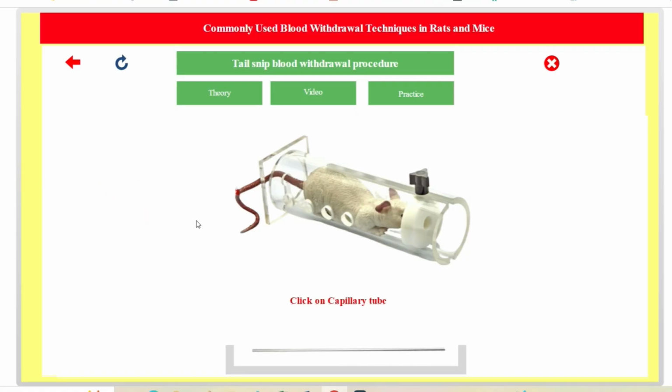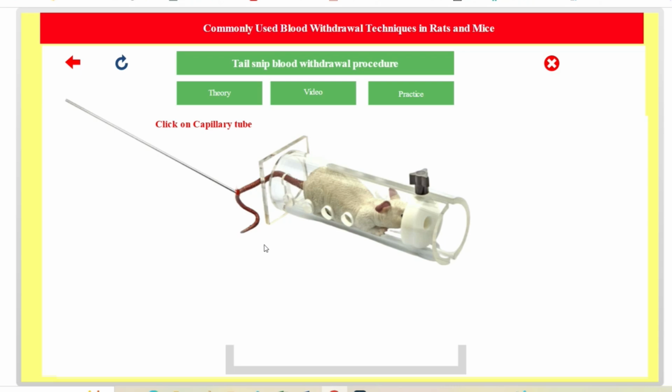It has cut. Now we will collect the blood. The blood amount is very small by this method. Generally we cut this tip, and from here we take the blood for blood glucose level.